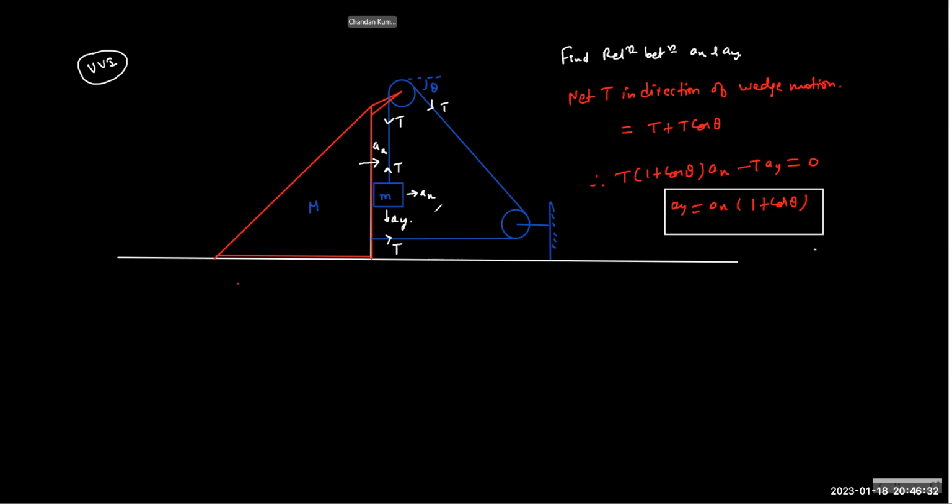We take the tension and the acceleration or the velocity direction of the object. So for small m, the acceleration is opposite to the tension acting on m. For capital M, the tension acting is much more, right? It is T plus T cos theta in the direction of AX, isn't it?